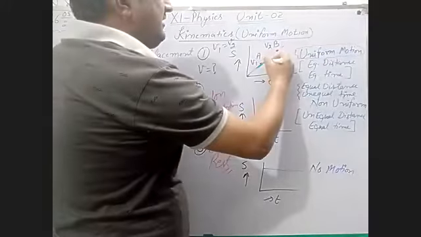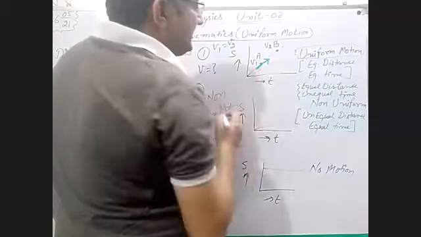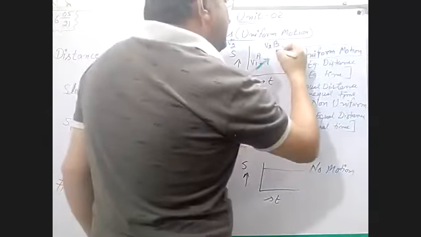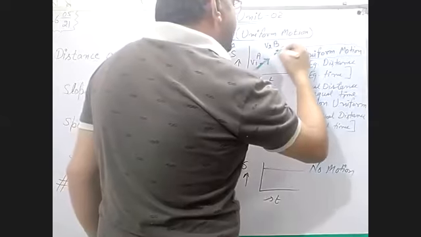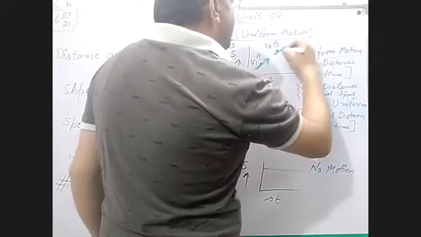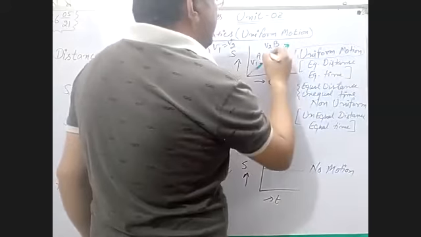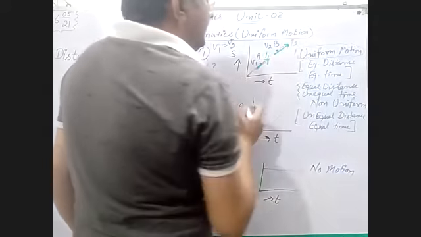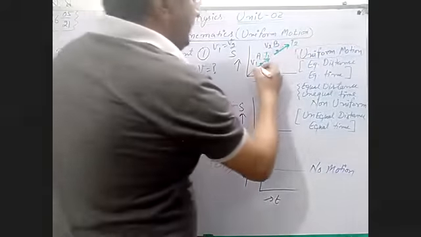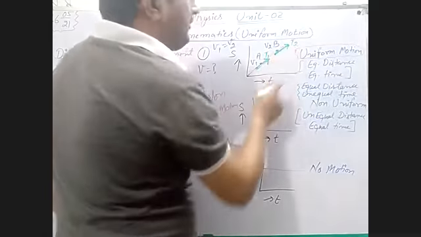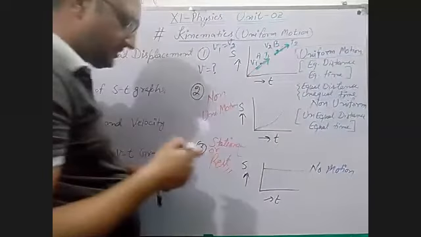Now again, take the tangent of this one also. There are two tangents, T1 and T2. Now see which has the greater angle with the time axis.